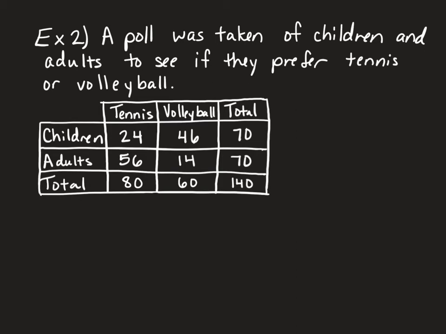And you have a row for the totals. 80 chose tennis, 60 chose volleyball, and 140 were the total that were polled all together. Notice it's the same number for the column for total and for the row for total, and that's how that will always show up. So now we're going to answer some questions from this information.